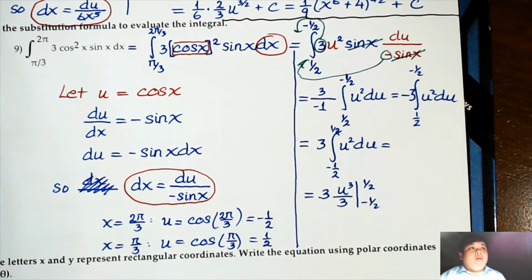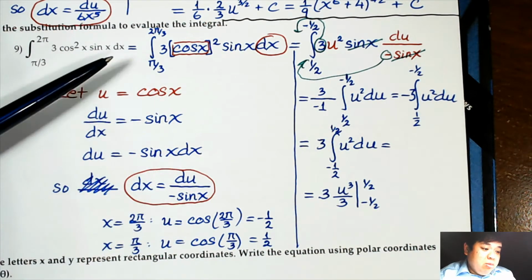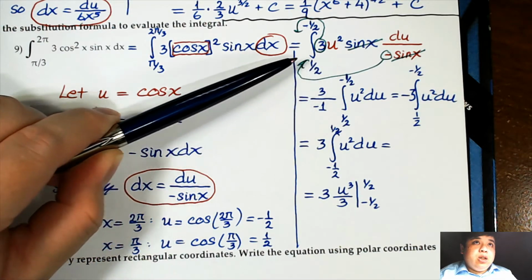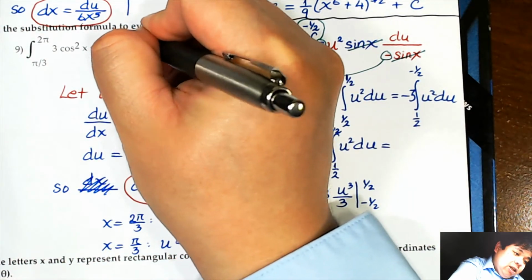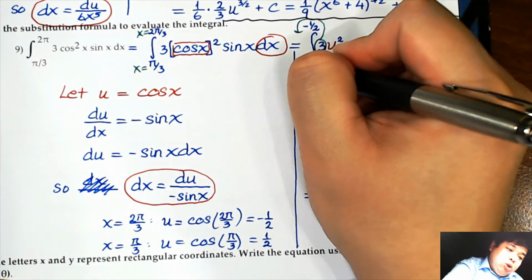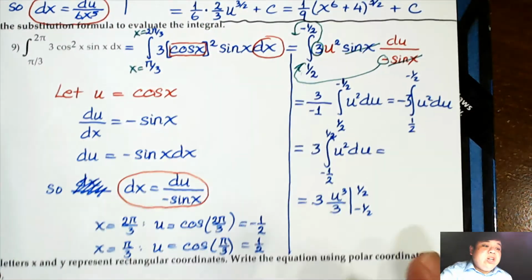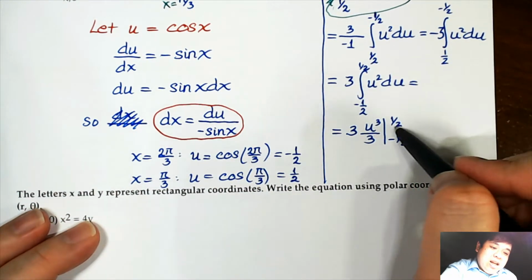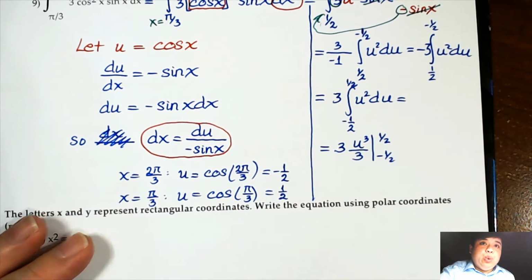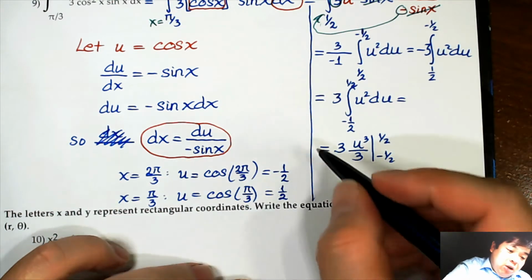Notice that in this problem, because we already changed the limits from x to u, originally this is x, but we already changed to u. So we do not need to go back in terms of x. Just keep going. These numbers are for u. So we just substitute back in directly.